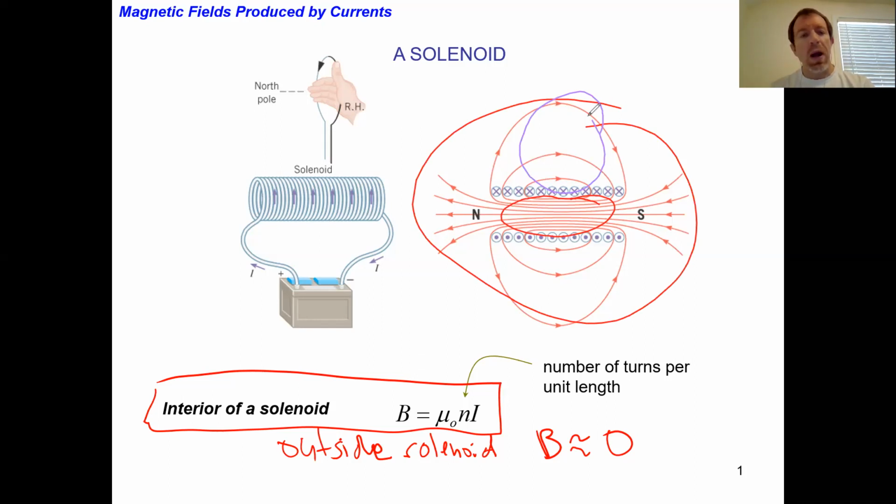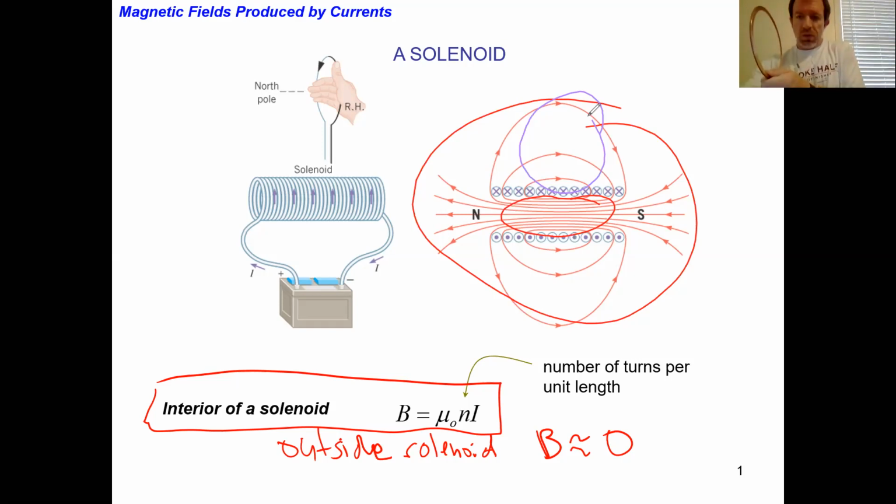So if we look at the graphic on the screen and think about the direction of the current in that solenoid, the front part of that solenoid, the part that's closest to us, has the current going upwards. So I'm thinking about the particular part of this wire loop that's closest to me.